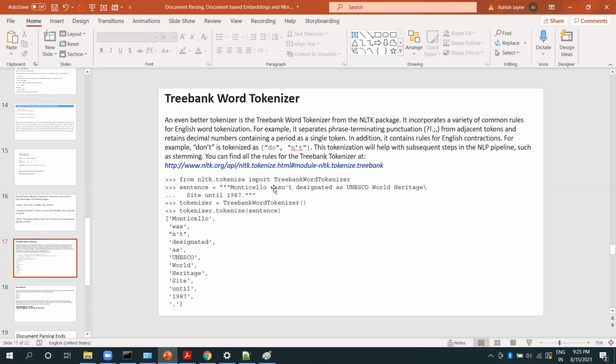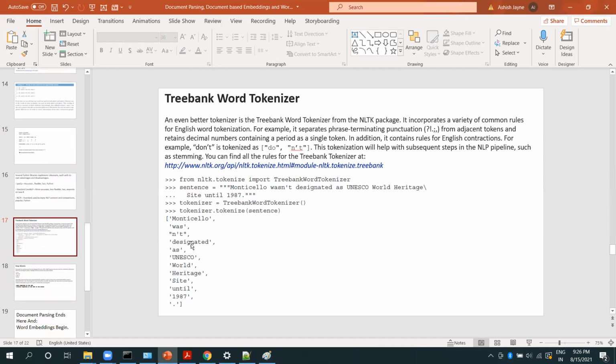What are contractions? Words such as wasn't, don't, they're. It can break them into separate words. For example, in the sentence "Monticello wasn't designated as UNESCO World Heritage Site until 1987," the word wasn't has been broken into two: was and n't. So the Treebank Word Tokenizer is a pretty good one, and you can use it in your projects.